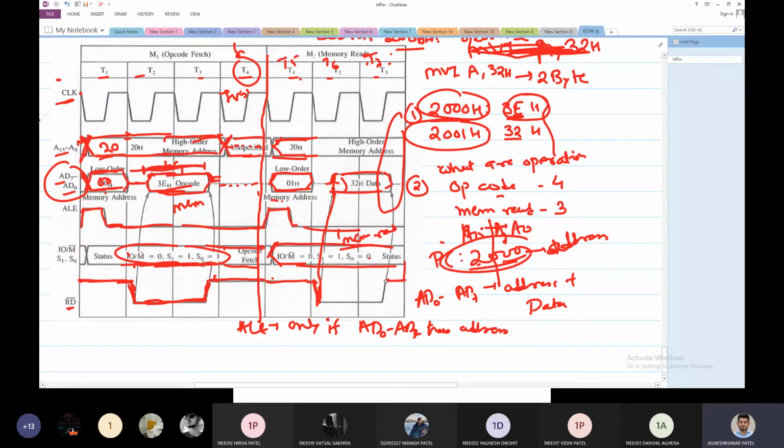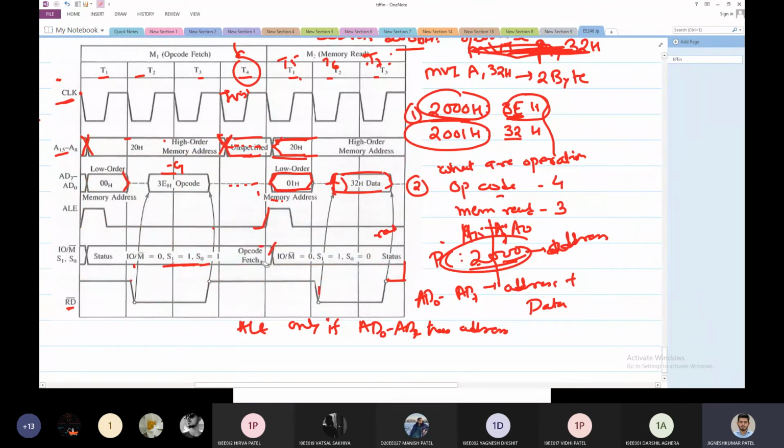Now the hidden secret is the timing diagram will always look like this. The only thing that will change... if you did not understand why things come here, just mug up this thing. What are the changes? I'll let you know.